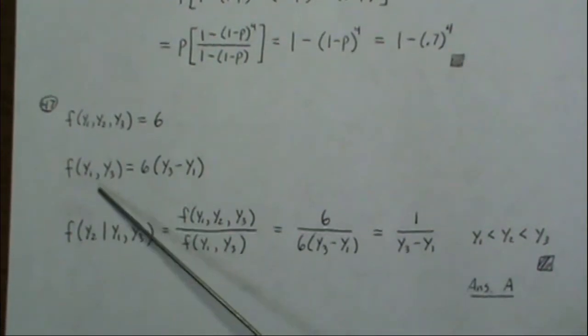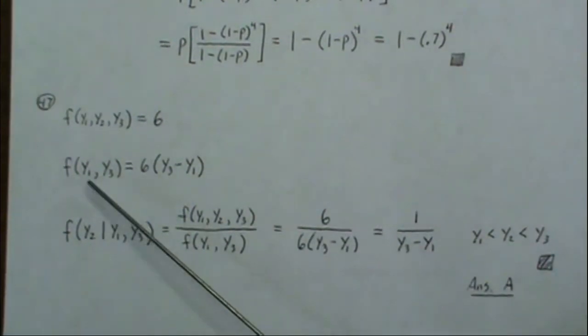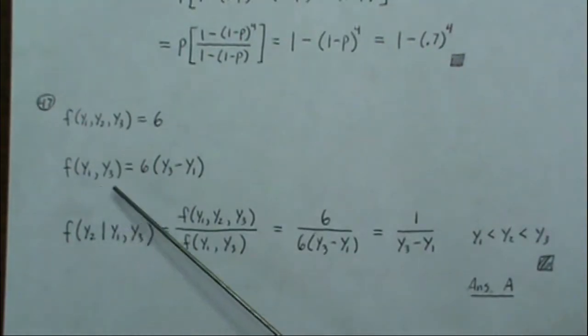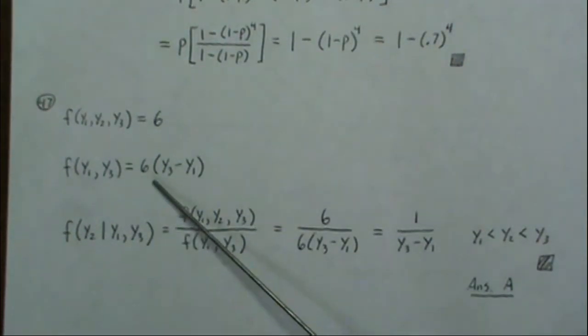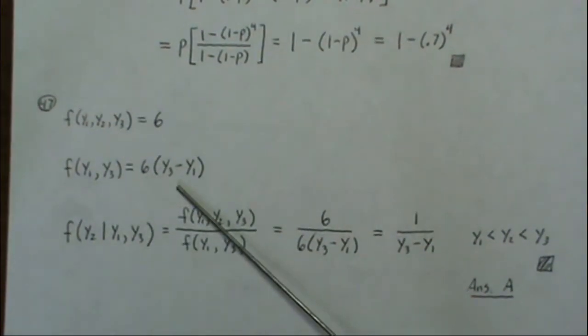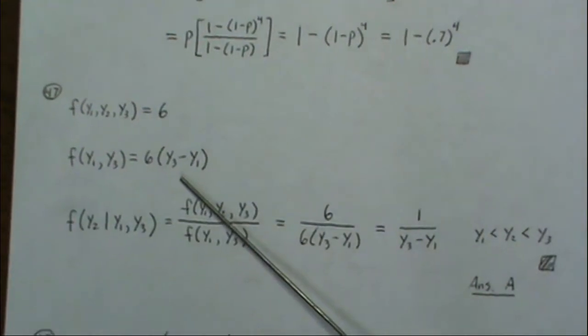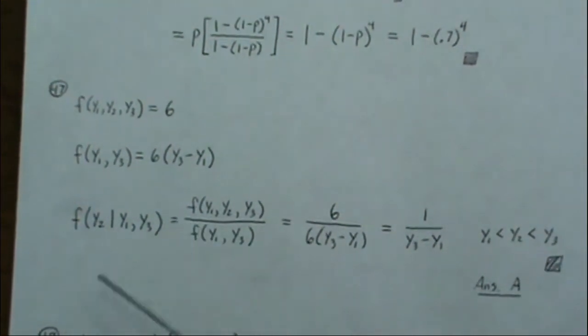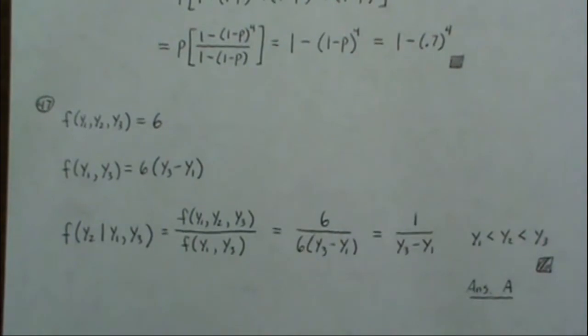And here the joint density for y1 and y3 can be shown to be this. And remember, we're assuming that the data follows a uniform 0, 1 variable.